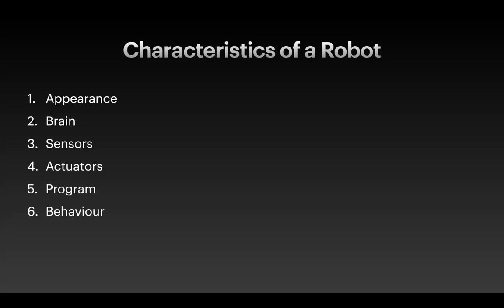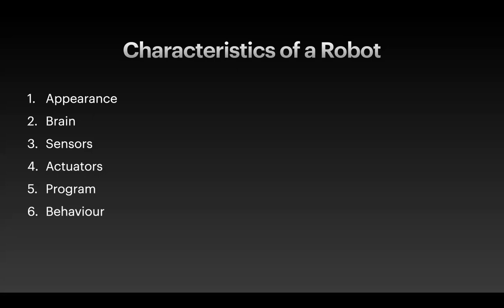Let's say there's a robot with 4 wheels and few sensors. It has an appearance, and you know there's a brain, there are sensors, there are actuators, and there is a program. But what is that robot doing?